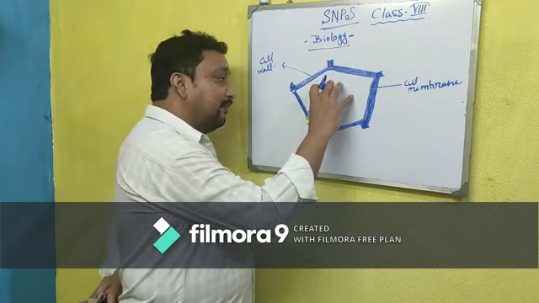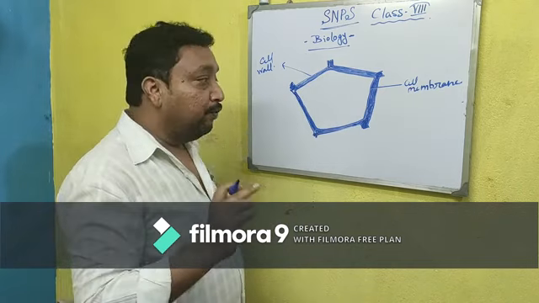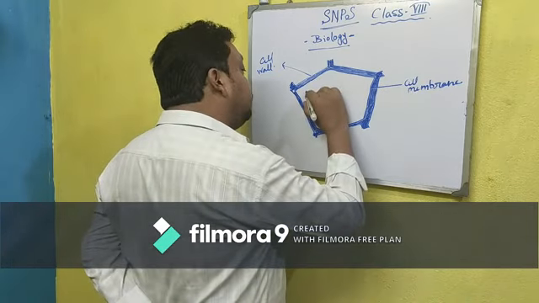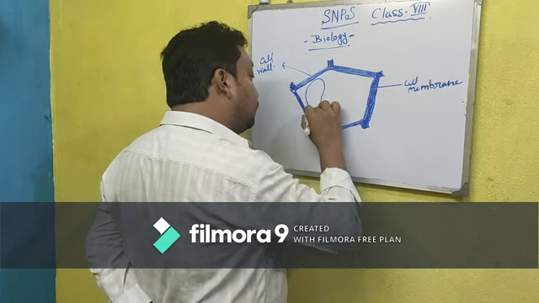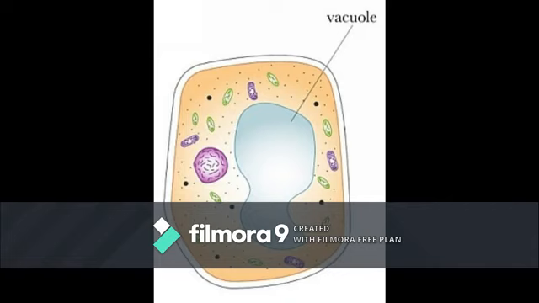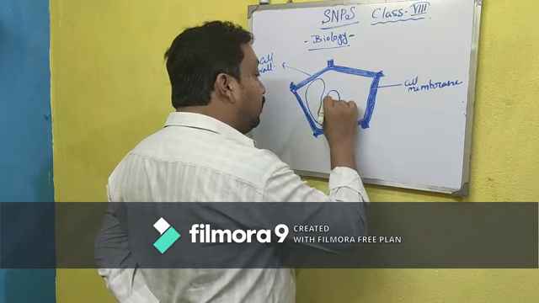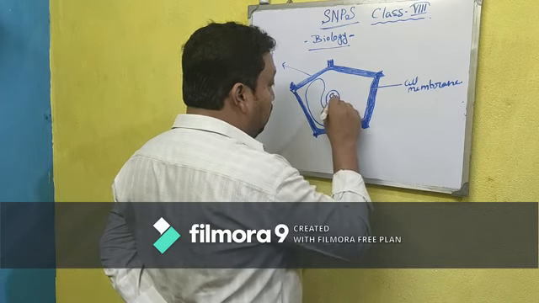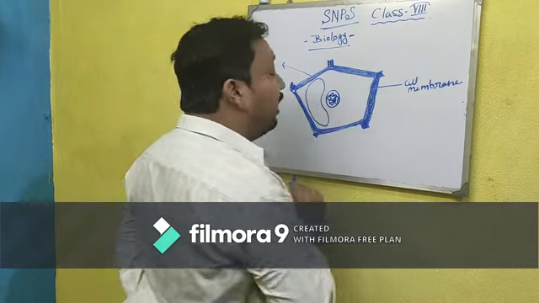The rest of the cell is known as protoplasm, which is made up of three main parts: vacuole, nucleus and cytoplasm.